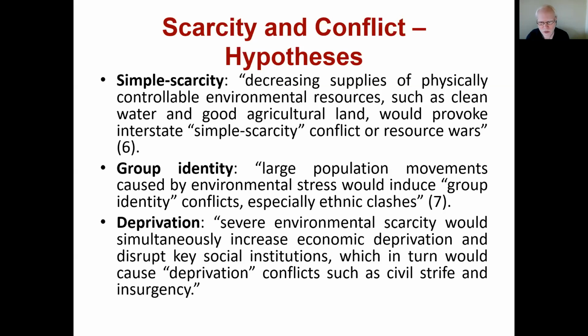And because of the scarcity, you're also going to have weakened social institutions. And this will combine to produce deprivation conflicts, such as civil strife and insurgency. So particularly those who are the have-nots in the society, who are experiencing the economic deprivation, could begin conflicts or insurgency against those who are controlling the resources.